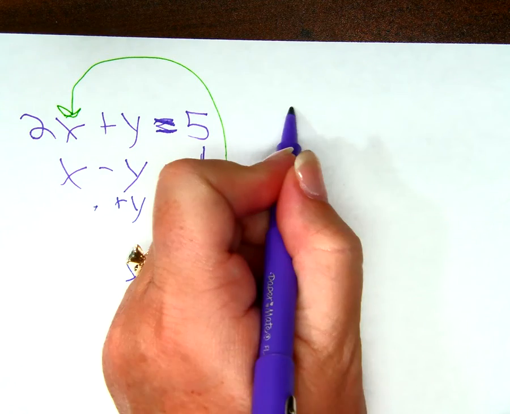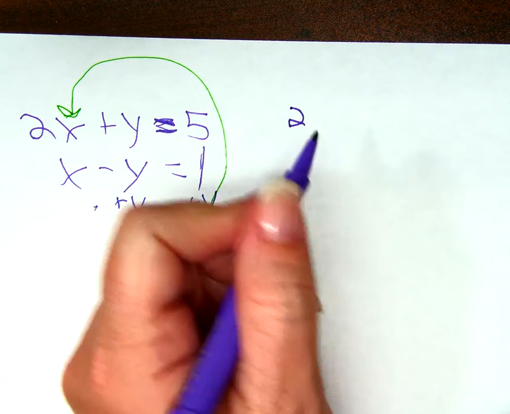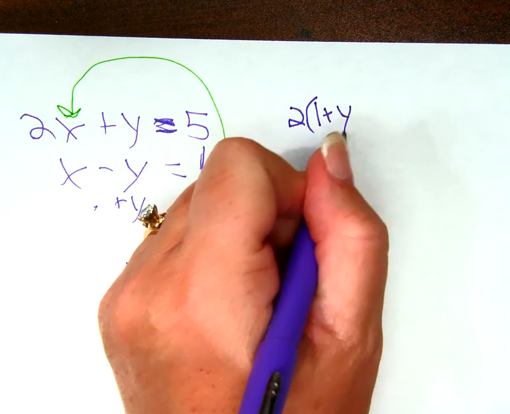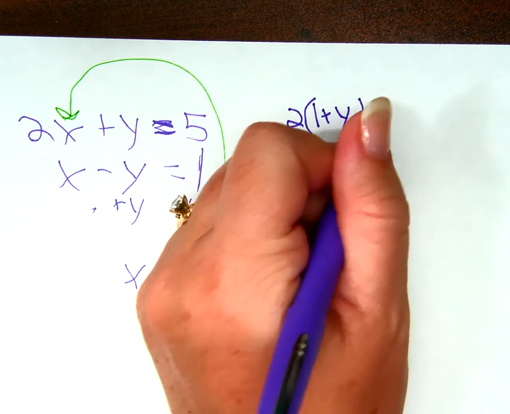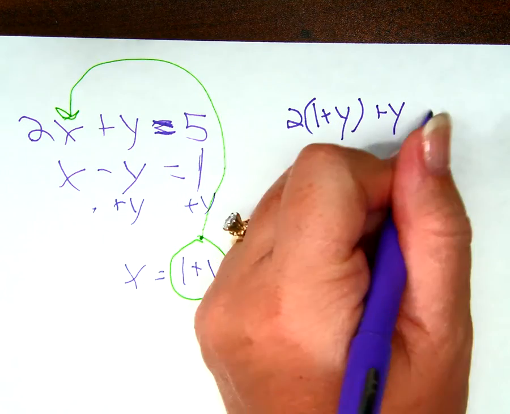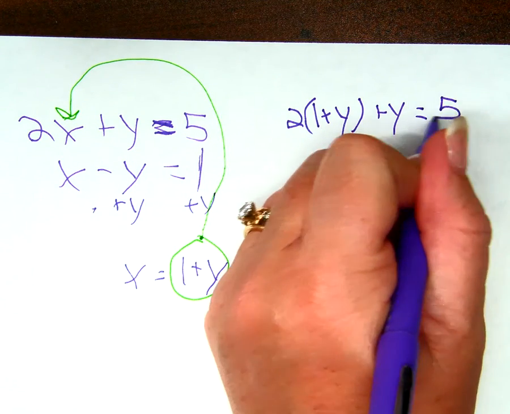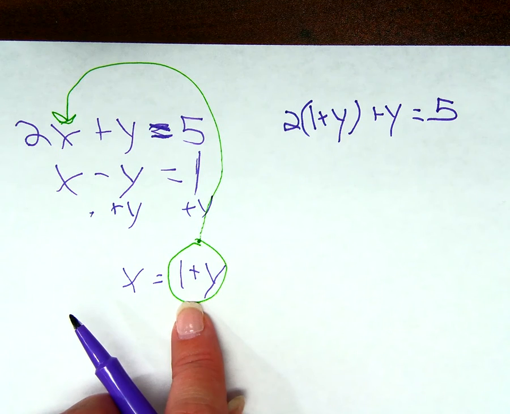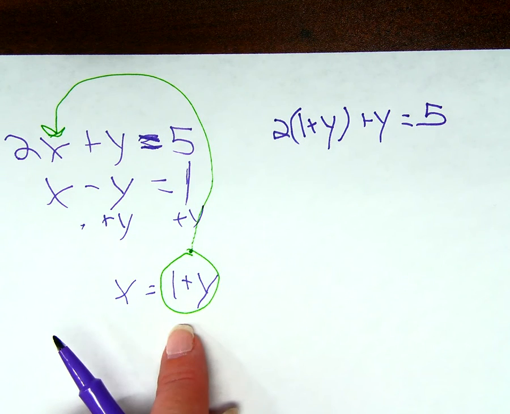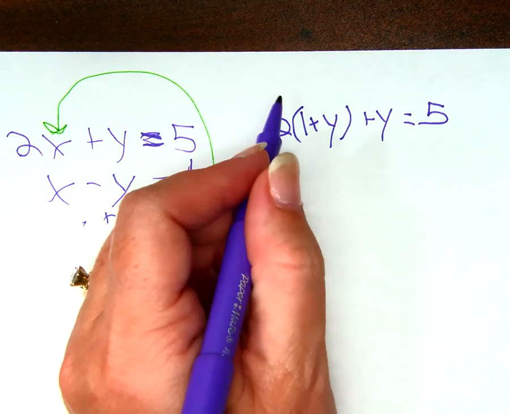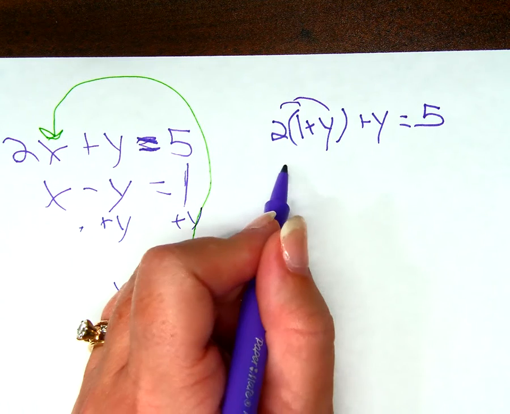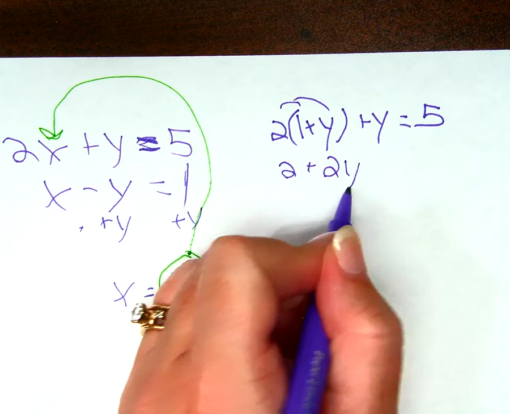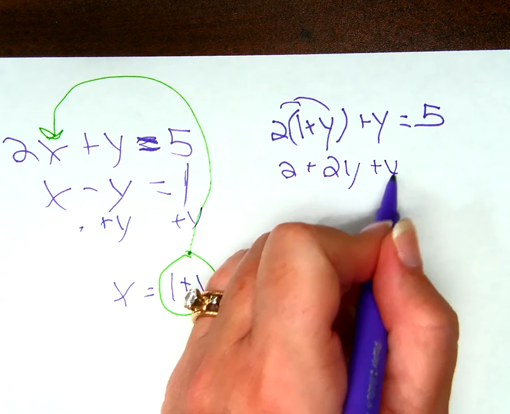So I'm going to write 2 times, not x though, right? 2 times 1 plus y equals 5. See how I just rewrote that first equation, but instead of writing x, I wrote what I knew x equaled? Now what? Solve it. So distribute: 2 plus 2y plus y equals 5.